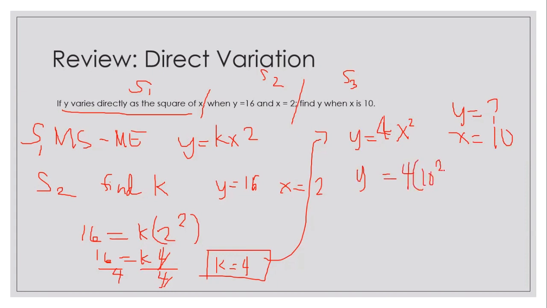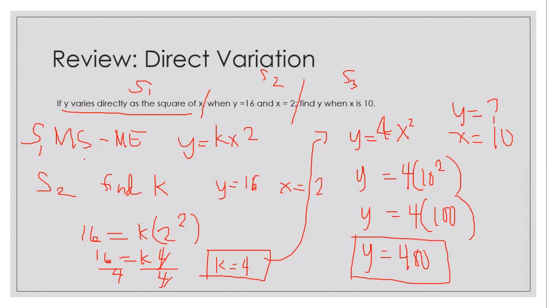So we have 10 squared. 10 squared, perform, so 10 times by itself. So 10 times 10, we have 100. Then multiply by 4. So the unknown quantity, or y, is 400. Again, step number 1, translate the mathematical sentence into mathematical equation. Number 2 is to find the value of the constant. And number 3, we have to find the unknown quantity or unknown variable.